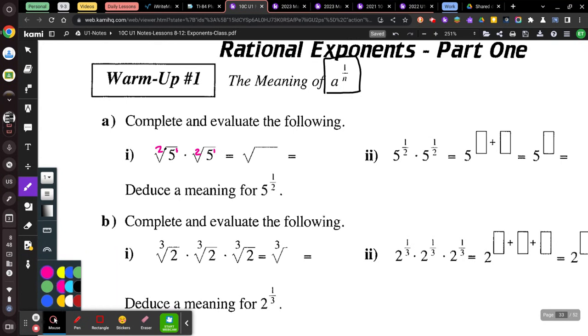I end up with square root 25, because I multiply my 5s, 5 times 5. Did I multiply the root signs, the indexes? I did not multiply them. Now, if you have a double root, you would, but these are side by side. Side by side, you're not multiplying them, they stay the same.